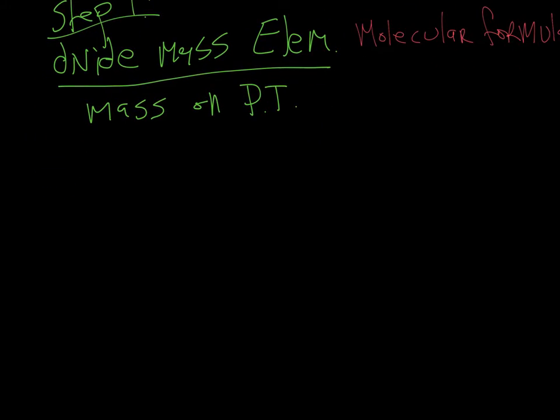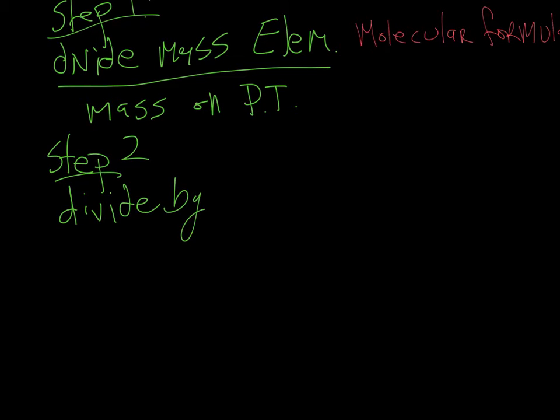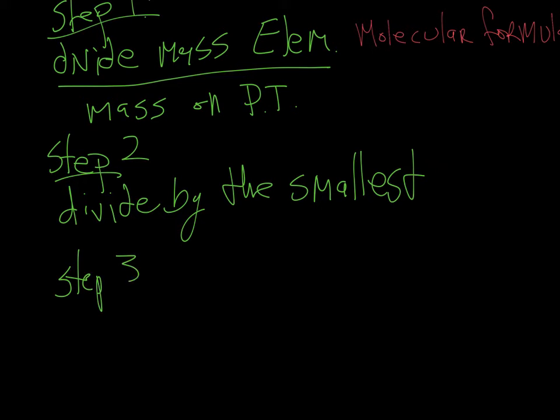That's step 1. Step 2. After you divide that mass, you're going to take your answers from that and divide by the smallest. All right, and if all of those answers are whole numbers, then you're done, and your answers become the subscripts of your formula. If they're not whole numbers, then you do step 3, which is to multiply them so that you can get whole numbers.